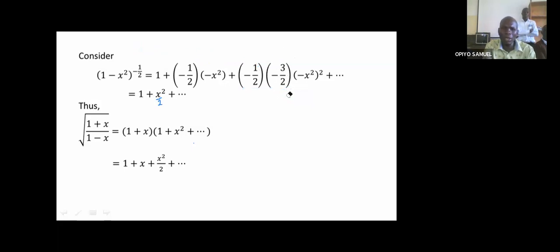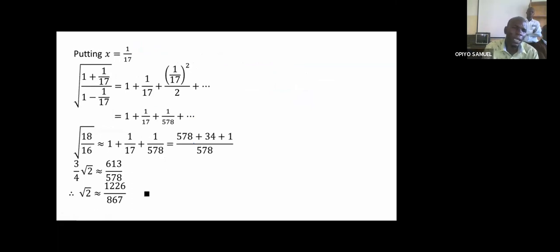Then this question is not done. We still have another part to answer. And that part is when you have been given a value of x. For example, here they have given us that we should use x equals 1 out of 17.